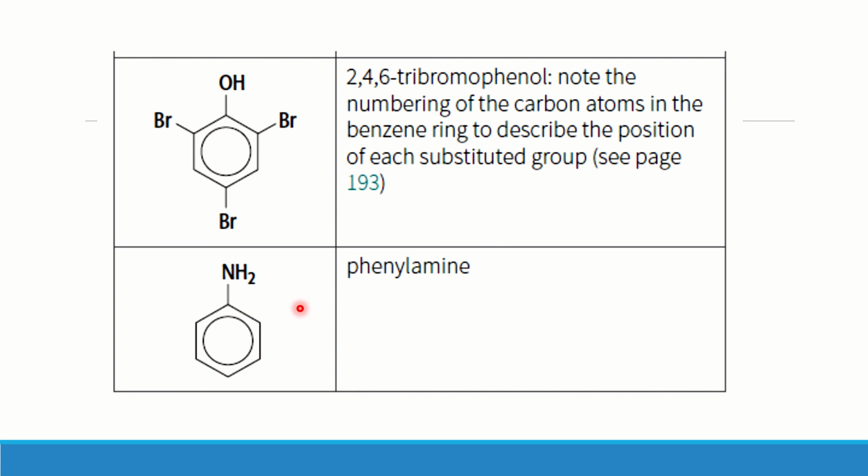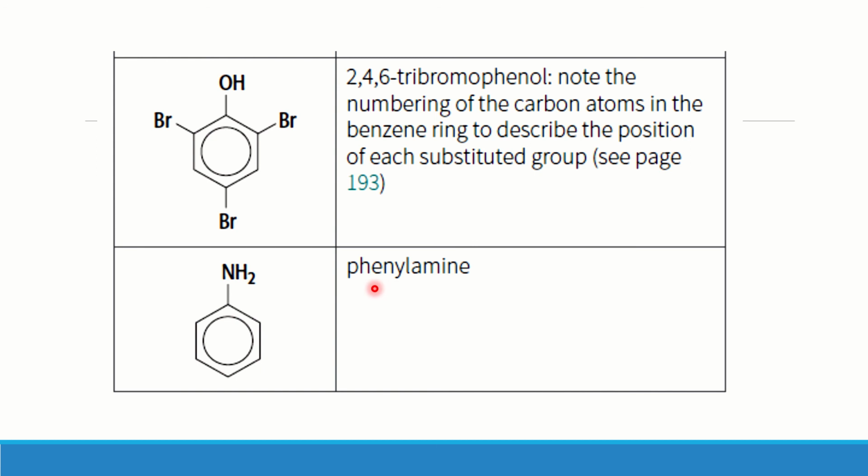Now another one, the last one here. You see I have NH2. This is an amine. Instead of calling it benzylamine, we don't call it that. Instead, we name it phenyl. Use the other name of benzene, phenyl. And NH2 is an amine, so you call it phenylamine, not benzylamine.